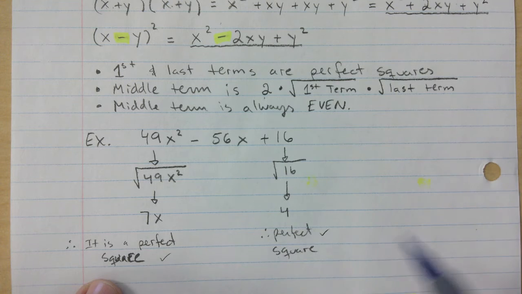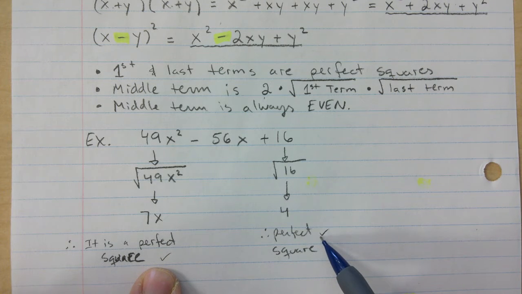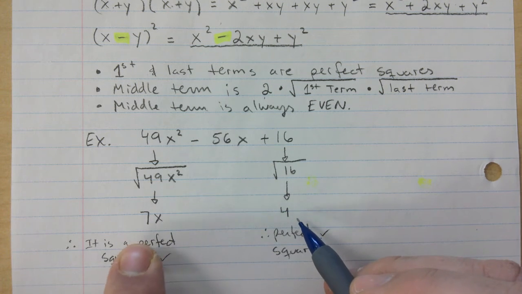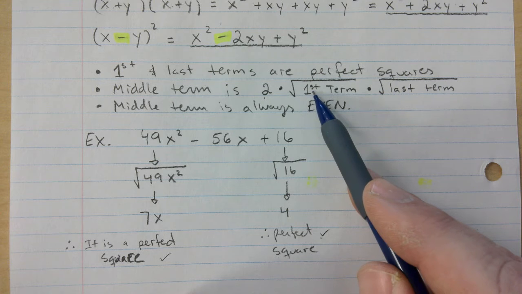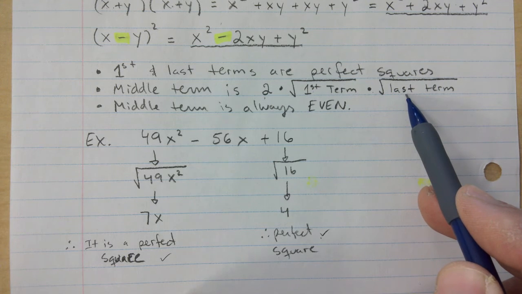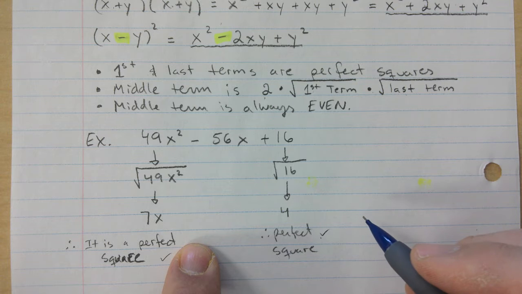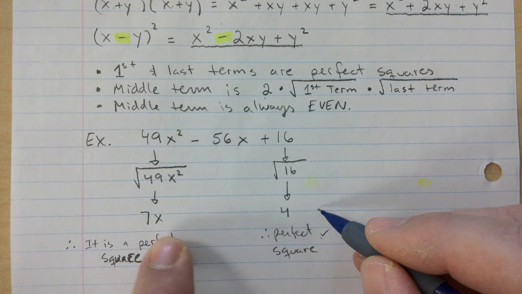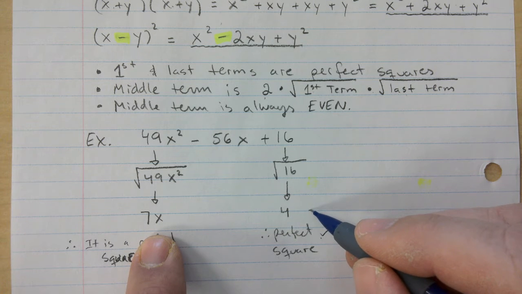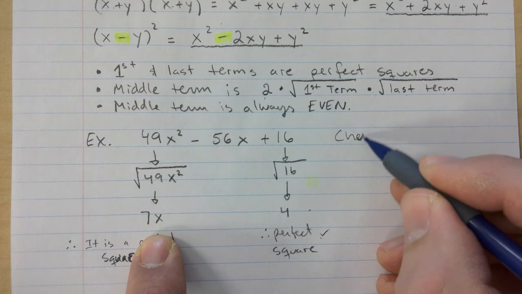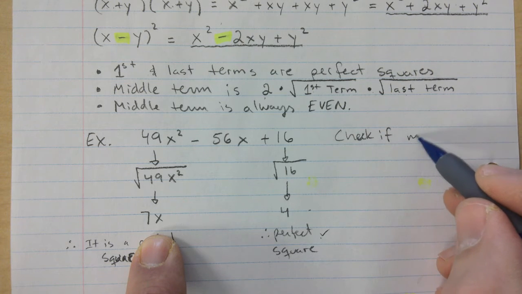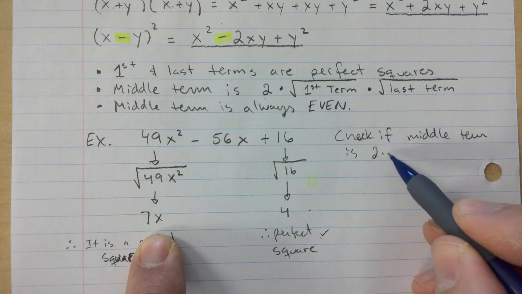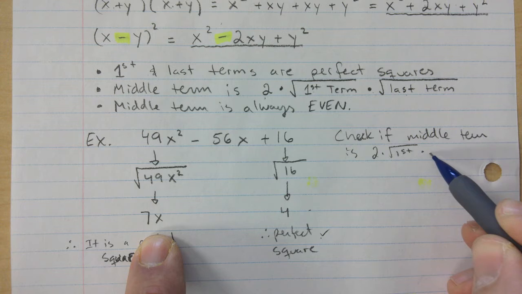So far it has checked off. Both of them have to be perfect squares. Let's see if the middle term would actually be 2 times the square root of the first term times the square root of the last term. So I'm going to check if the middle term is 2 times the square root of first times the square root of last.